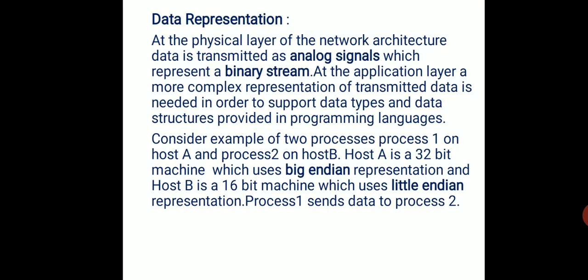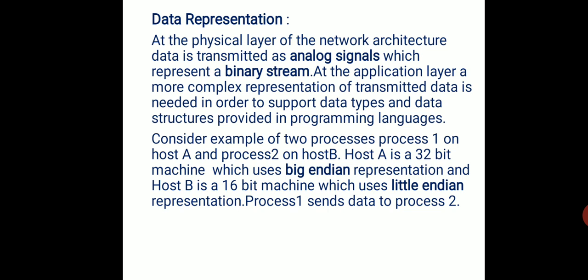The first layer is the physical layer, where the data is transmitted in the form of analog signals. The next layer is the data link layer, where the analog signals are converted into frames, and in the network layer these frames are converted into datagrams.